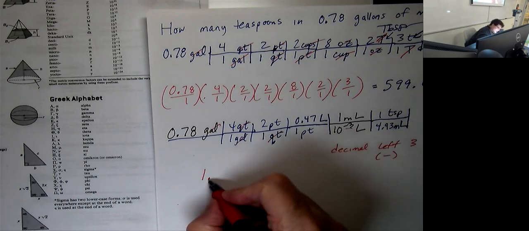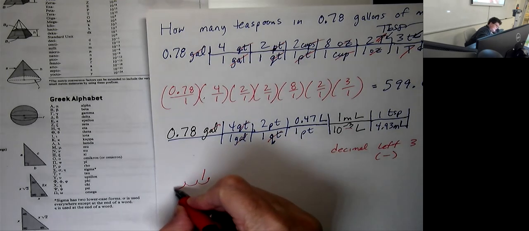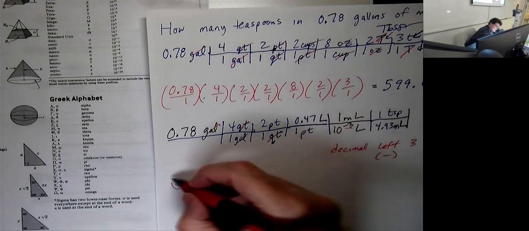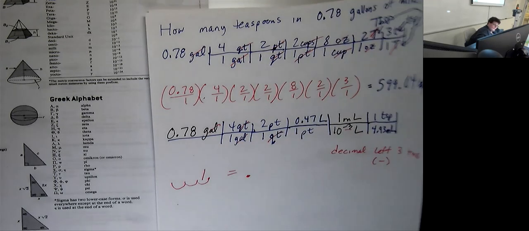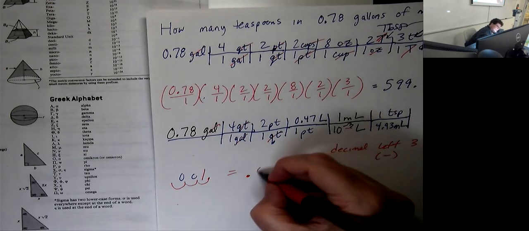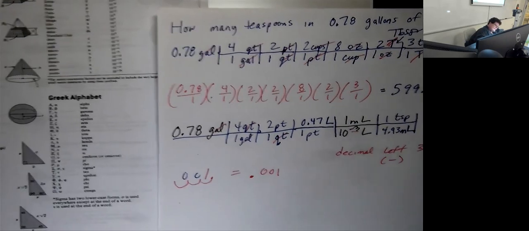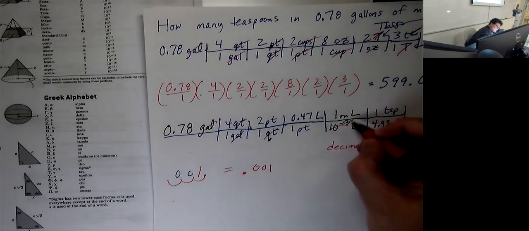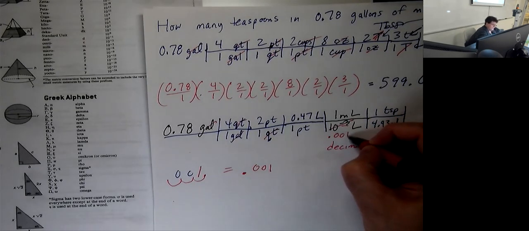So I'm going to go 1, 2, 3. And that would give me point, and then I fill in these spots that didn't have a number with zeros: 0.001. Instead of writing 10 to the negative 3, I can write 0.001.